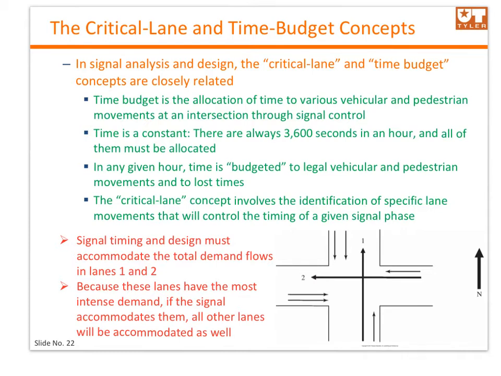So signal timing for this case and design must accommodate the total demand flows in lanes 1 and 2, because these lanes have the most intense demand. Therefore, if the signal accommodates them, that means all other lanes will be automatically accommodated as well.